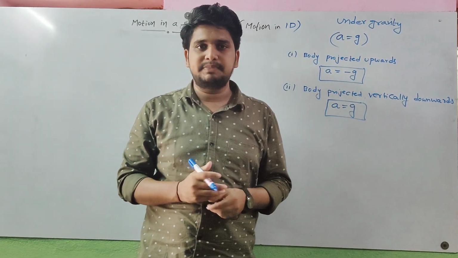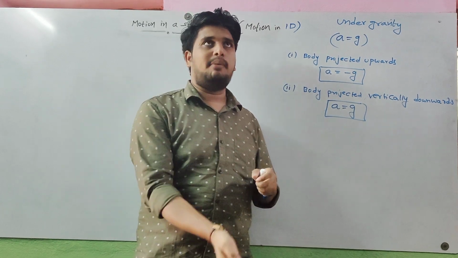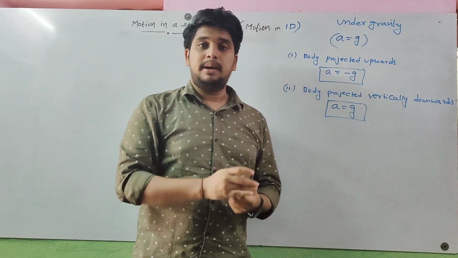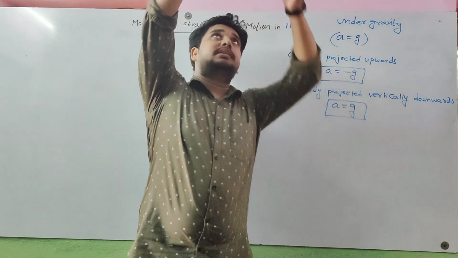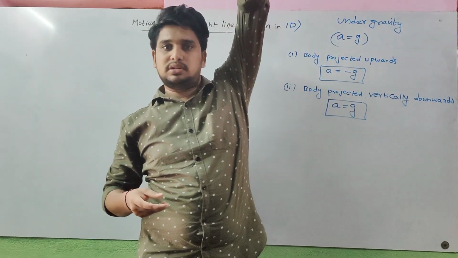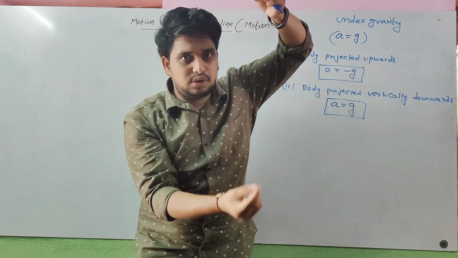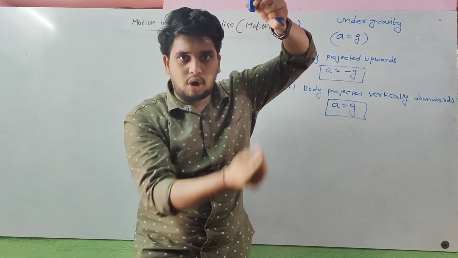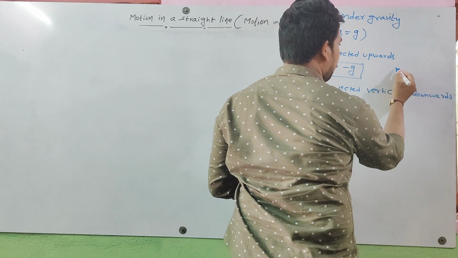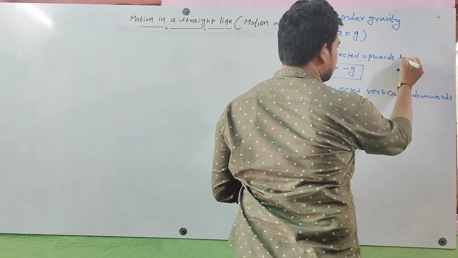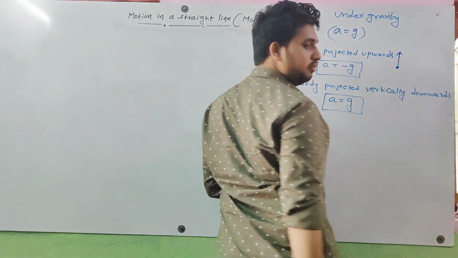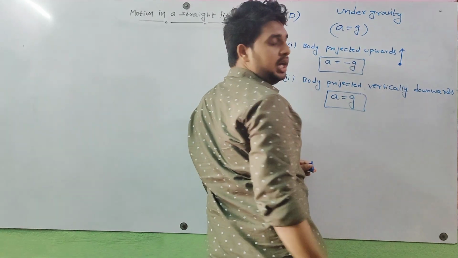So listen friends, when I project a body upwards, that means the body's direction of motion is upwards. Is it or not? The body's direction of motion is upwards. Acceleration due to gravity is acting downwards. Observe carefully. This is a body, I consider. It is projected upwards. This is the direction of the body.